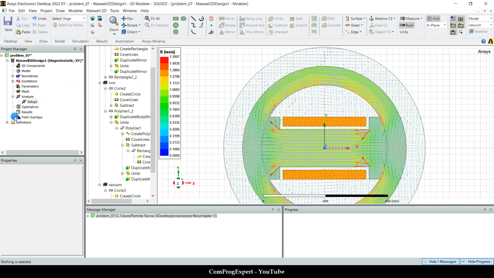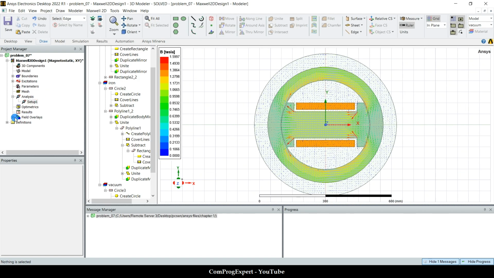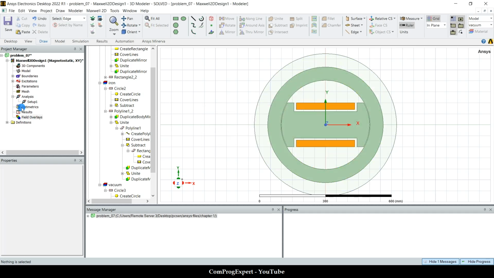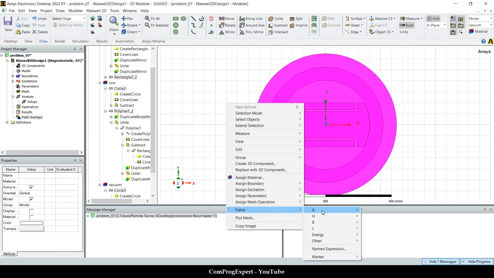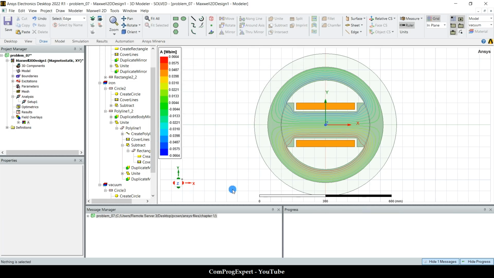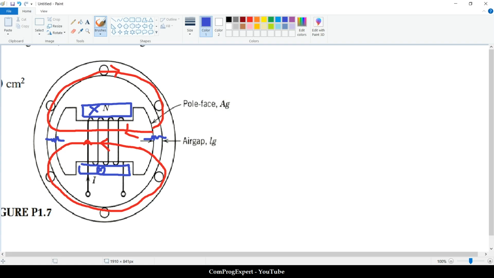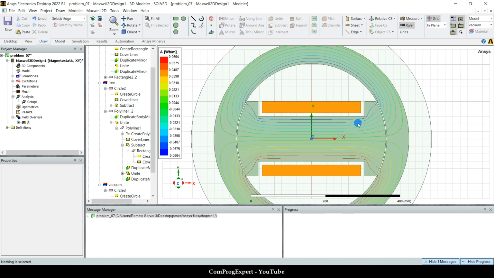And also we can plot the flux lines. So delete this one. Select the faces again to plot the flux lines. Here we have these flux lines that we discussed here.